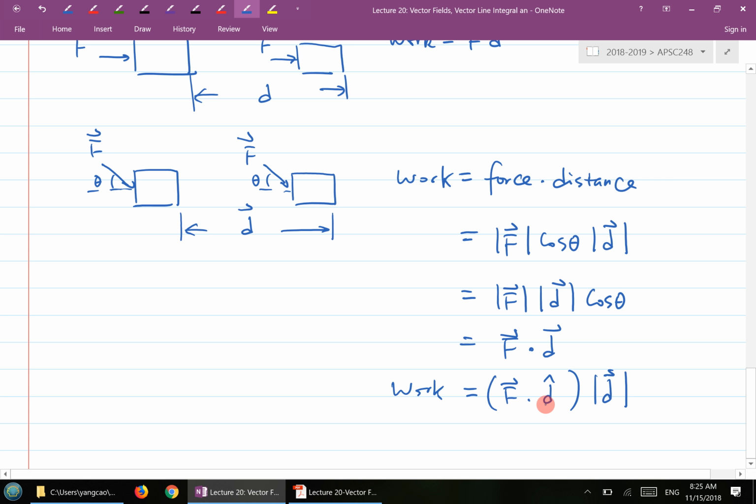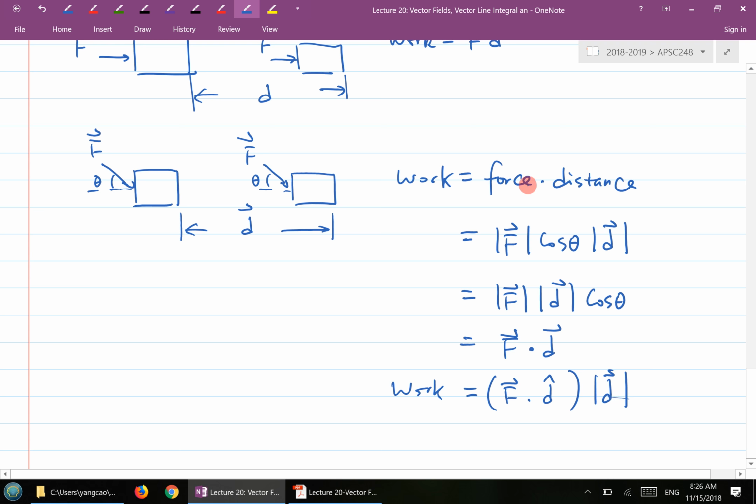The length of the projection of the vector in that direction. So this is the length of the projection of the force in the direction of displacement, and then times the distance gives you the total work done. This simple expression conforms with the idea of work equal to force times distance.